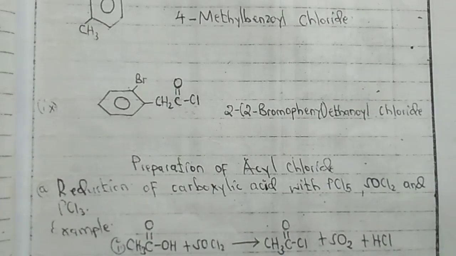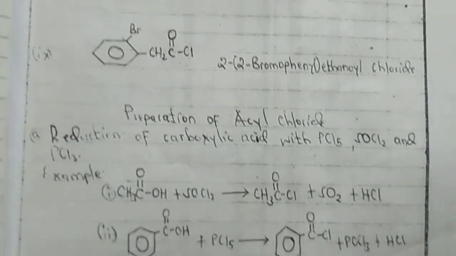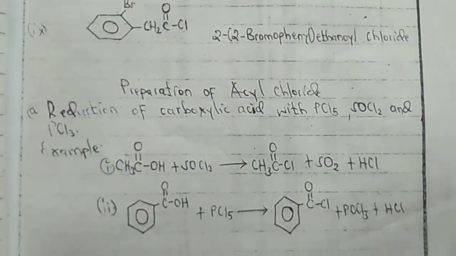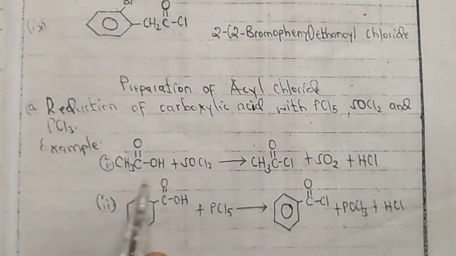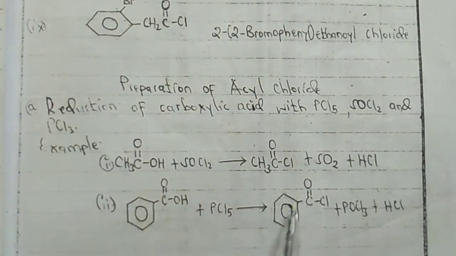Preparation of acyl chloride. Kwanza ni reaction of carboxylic acid with phosphorus pentachloride, thionyl chloride or phosphorus trichloride. Tunachukua hii plus hii tunaenda kupata hii plus hii product. So katika hii reaction inayokuwa replaced is hydroxyl group.